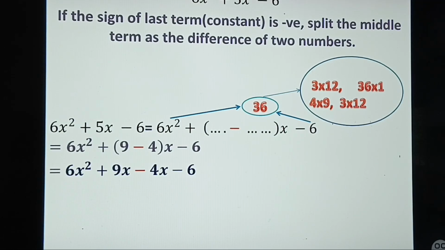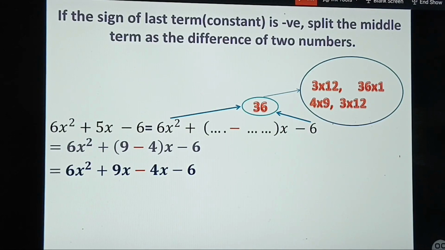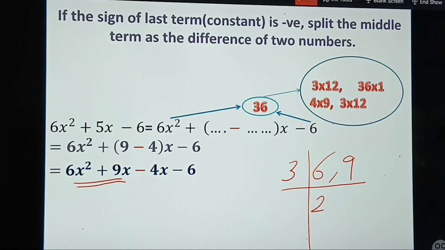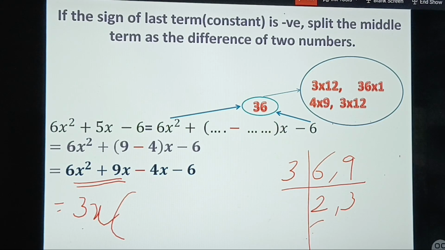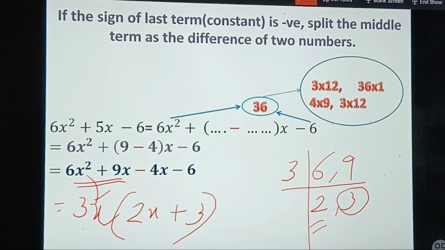Now take common from the first two. 6 and 9 are both divisible by 3, you get 2 and 3. So 3 is taken, and x square and x have x as common factor. What is within the bracket? Here 2x is left out, and from 9, 3 is divided, so 3 is left out. What is the sign after this?